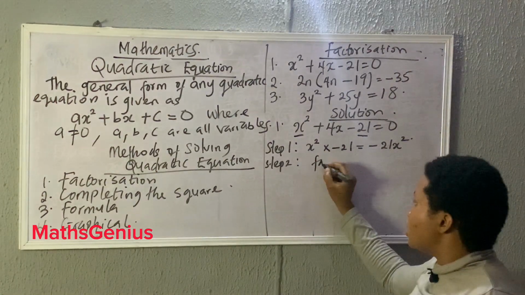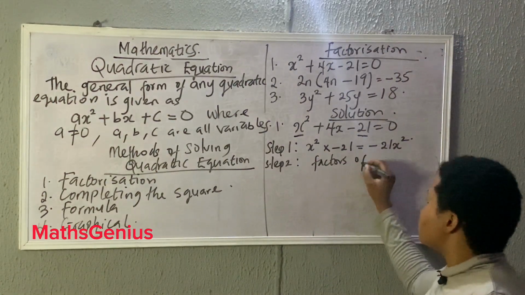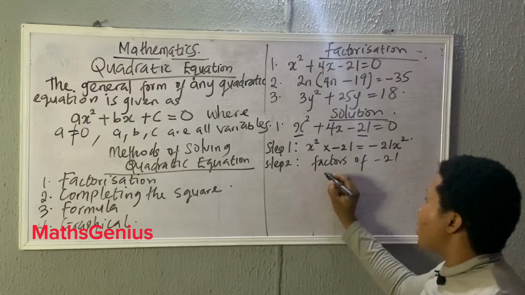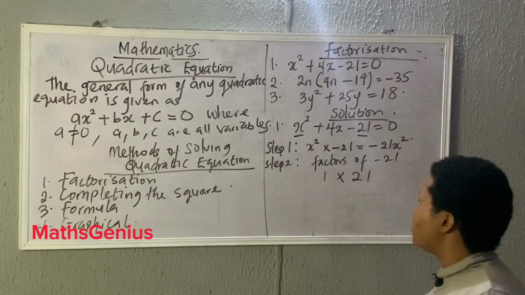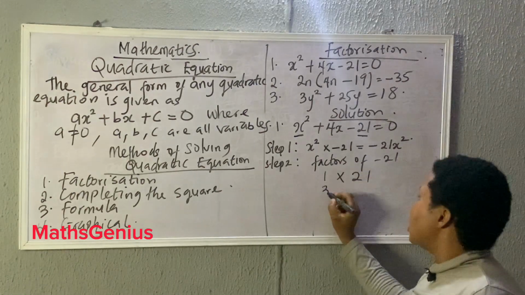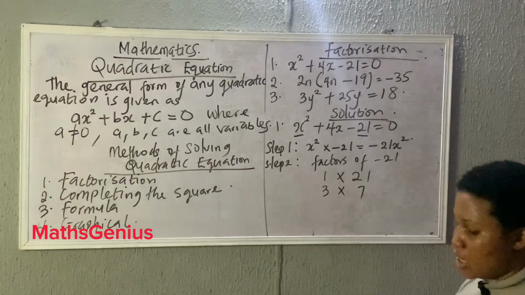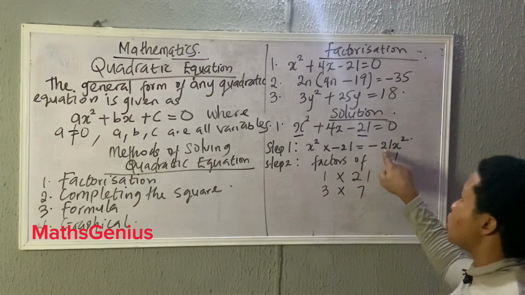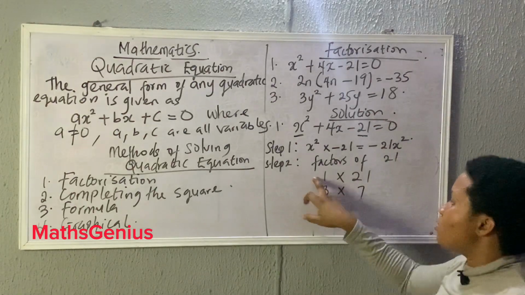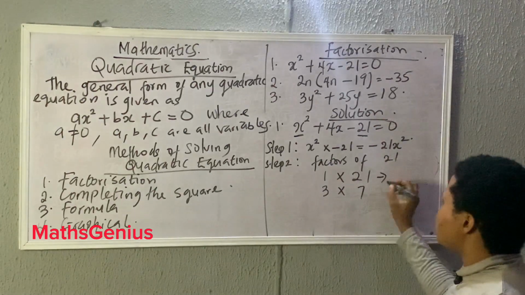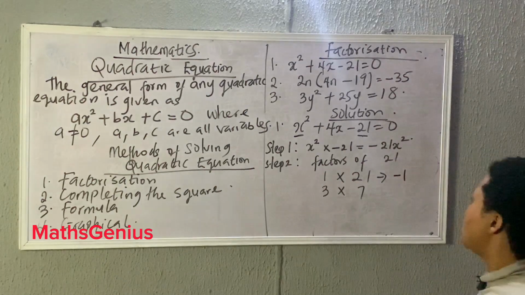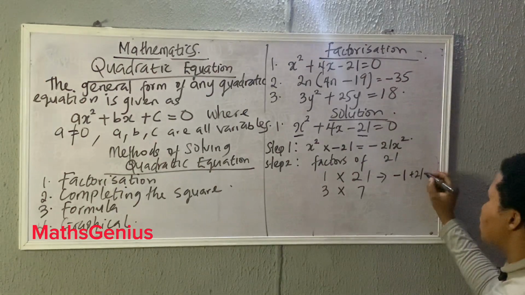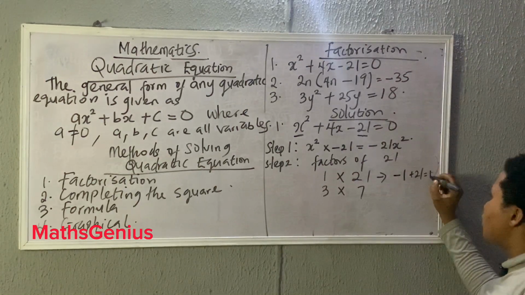The factors of 21 that we have: 1 times 21 itself, we have 3 times 7. Now we have to consider the sign in front. We have minus 21. So if I put minus here, if I say minus 1 plus 21, that will give us 20, plus 20.